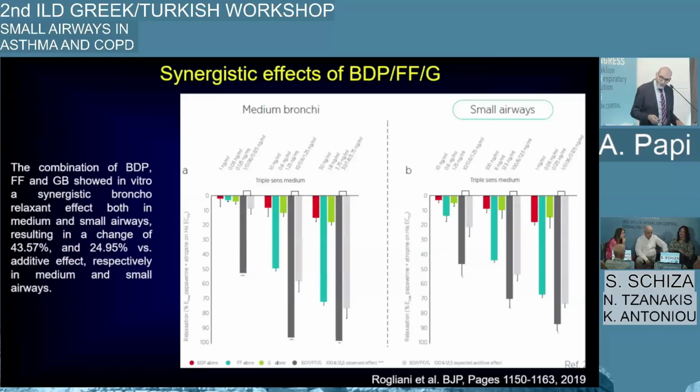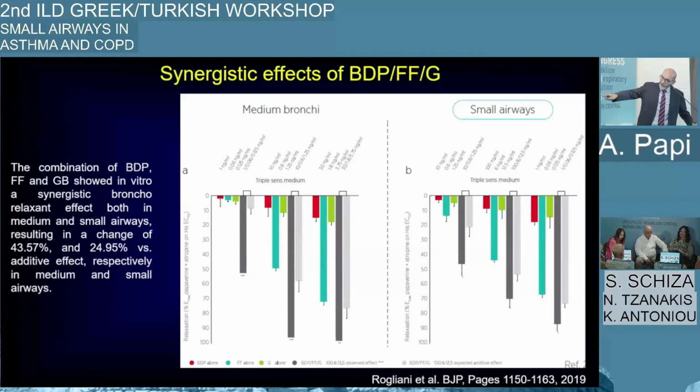And when we put them together, we have the advantage of having all the molecules at the single site, improving pharmacologically the interaction between them, which provides an effect in terms of patency of the airways that is greater than the one we expect from the sum.